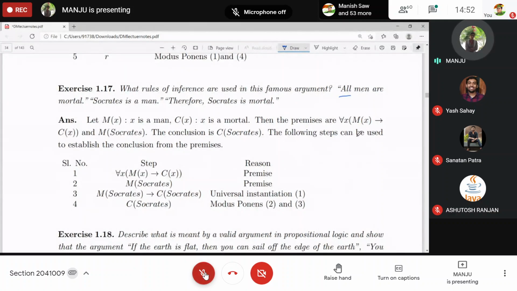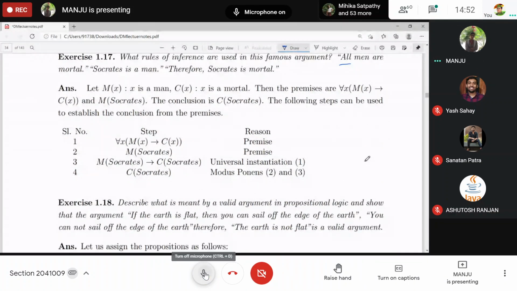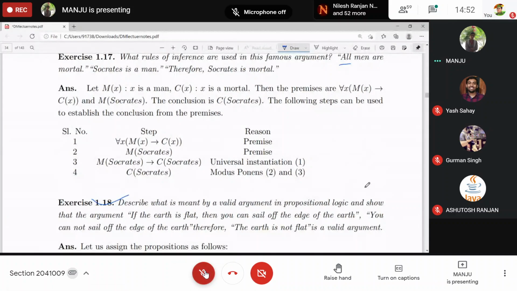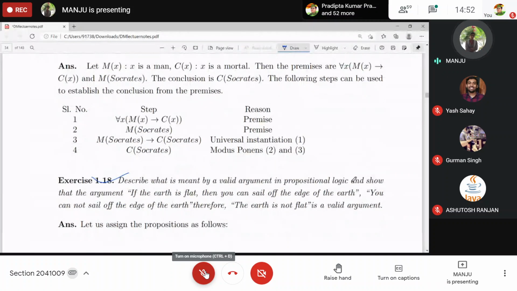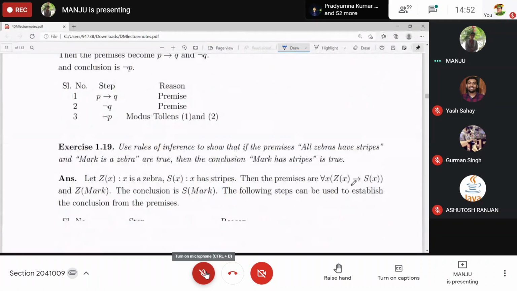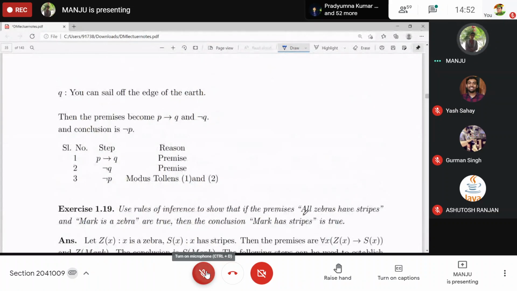All is used, some is used, at least few is used. And what about this one? Is this quantified or not? Not quantified, right? In this one, you are using P, Q, R, not x. Yeah, this one will be quantified.